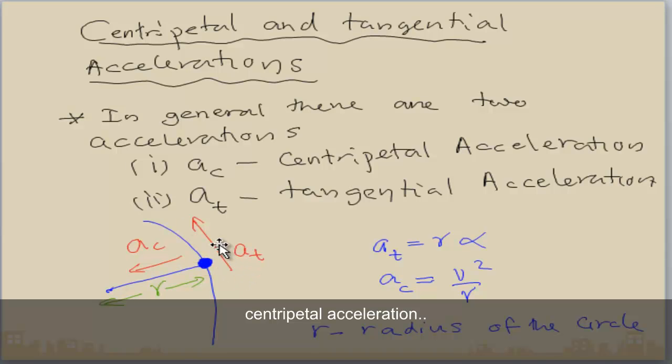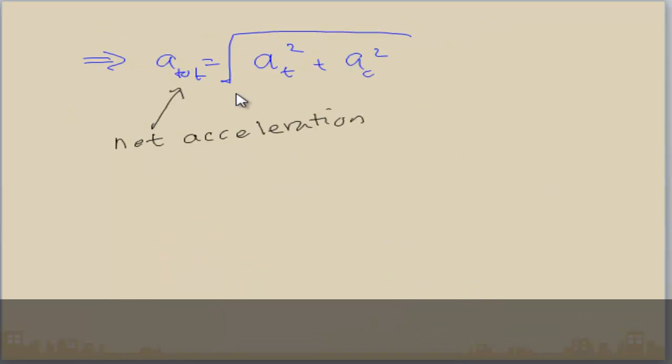These two accelerations are perpendicular to each other. The tangential acceleration a_t is given by radius times alpha. The centripetal acceleration a_c is given by v squared over r. So the total acceleration, the net acceleration, is given by the square root of a_t squared plus a_c squared.